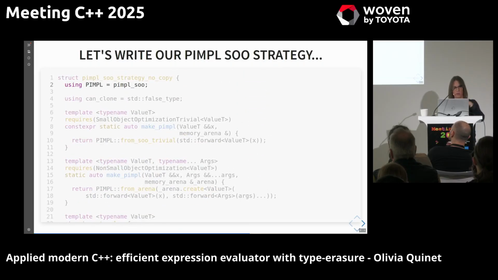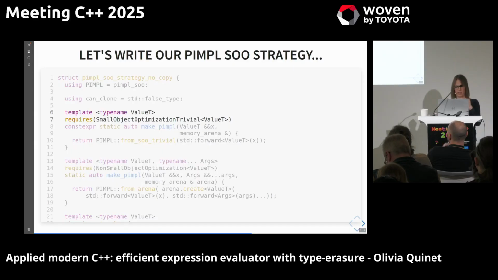Okay, so the pimple will be a type called pimple SSO. We don't want to clone. And that's the first part. So we create the pimple for the value T. We don't take the memory, and this is for when the small object optimization is on. This is a concept that will turn on this function only if value T respects the criteria inside the concept. We will see later how this concept can be defined.